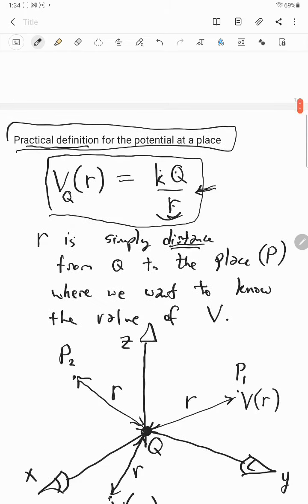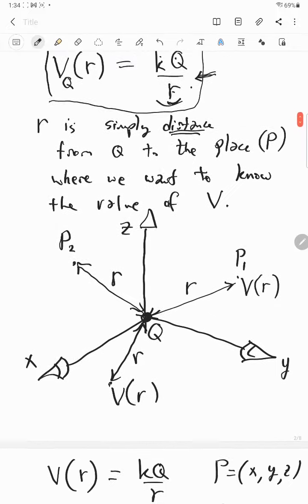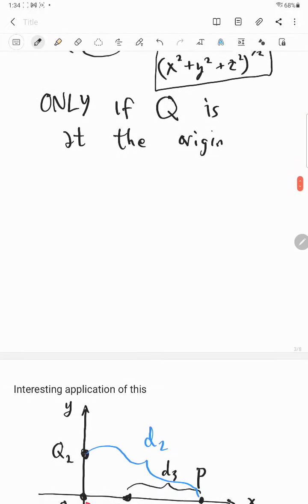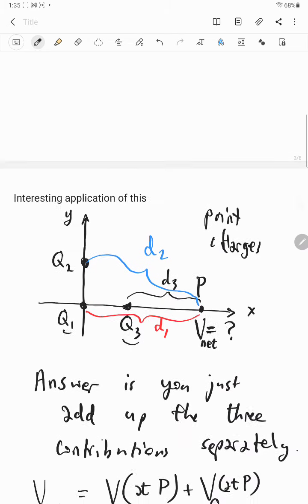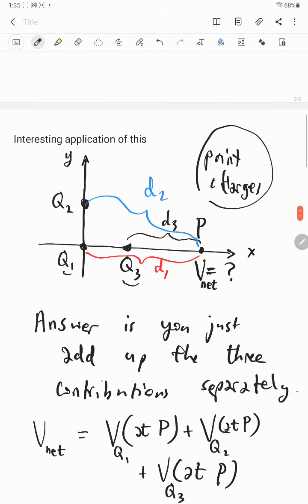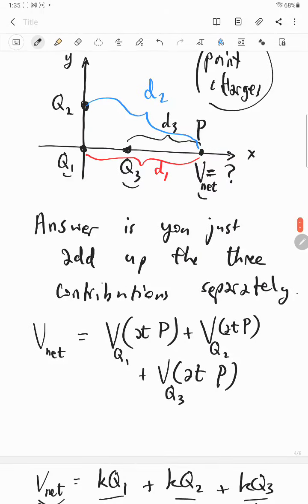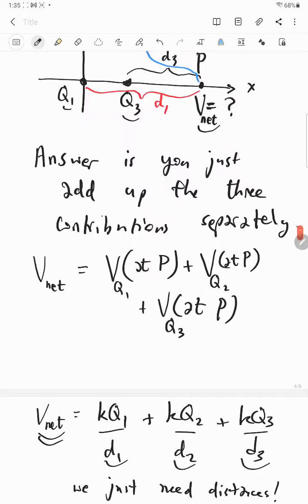So we can use this with point charges, which I did here. With point charges, we could talk about the net potential, which is just the sum of the potential of each point charge.